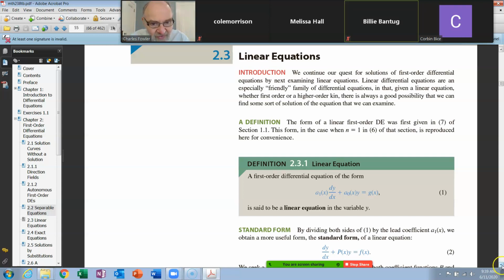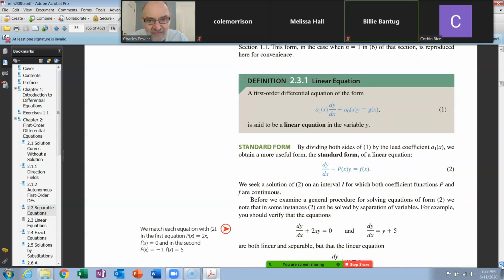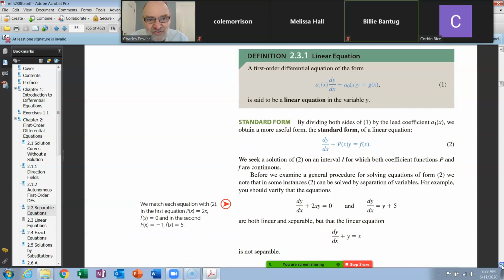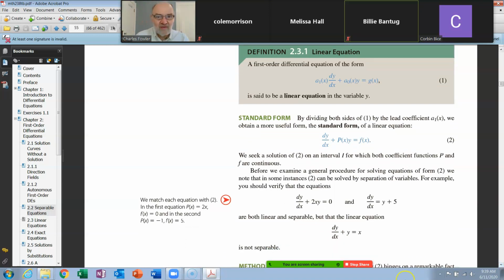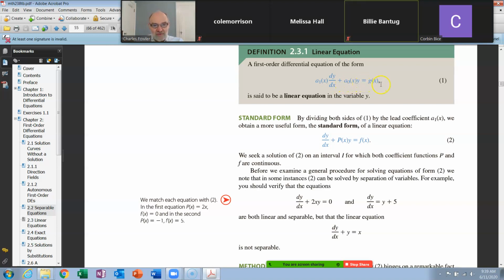So here's your definition of that linear equation. This is in the most generic form. First order differential equation of this form: some coefficient function a1 of x dy dx, plus some other coefficient function a0 of x times y is equal to some g of x, some arbitrary function of x.